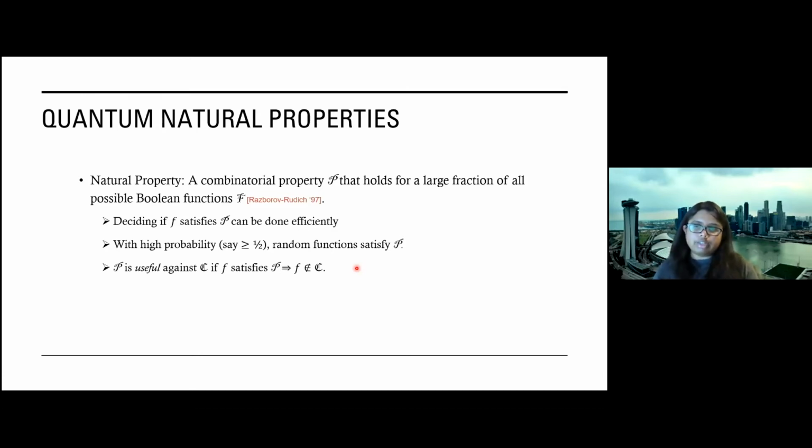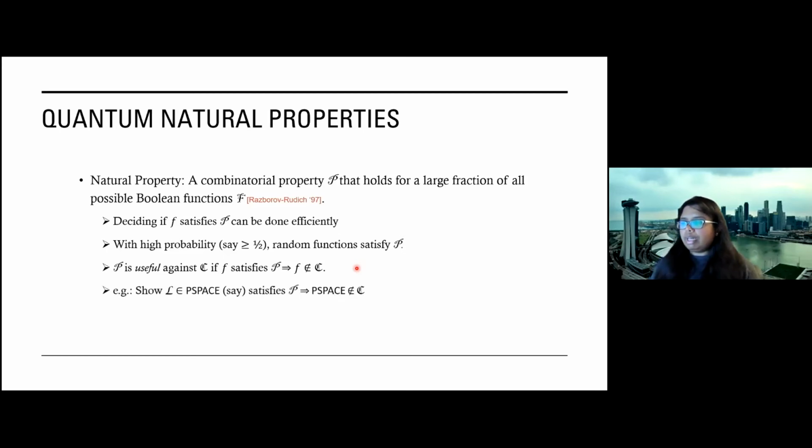It's not enough that it's trivial, like saying the function just outputs a single bit. That's satisfied by all Boolean functions that we would care about, and in that case you're not learning anything new, or you can't use it effectively. So for usefulness, we say that if f satisfies the property, then we can be sure that f is not contained in this circuit class C. That's how you would measure its usefulness.